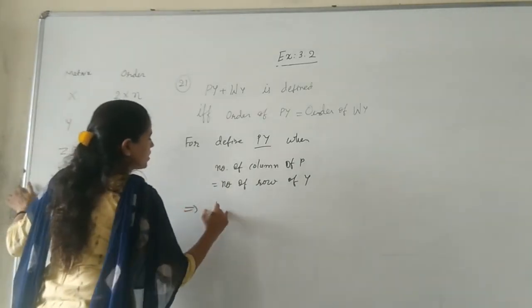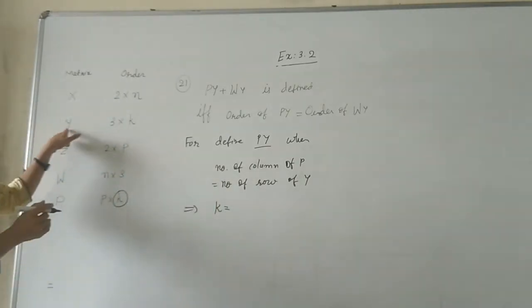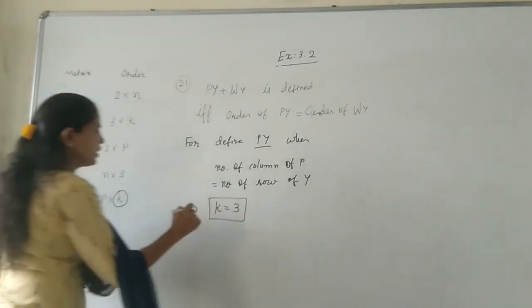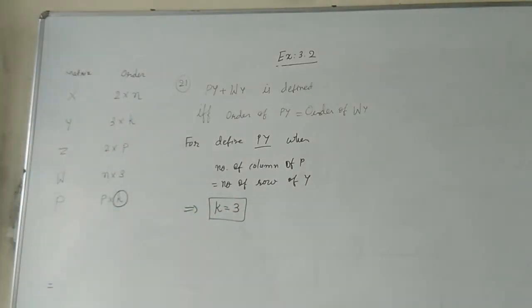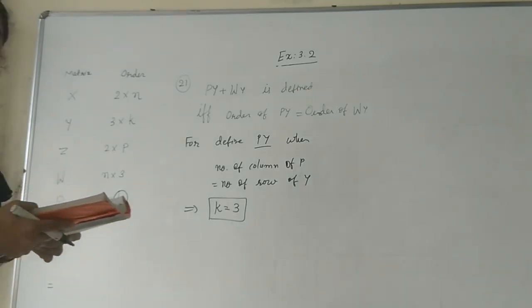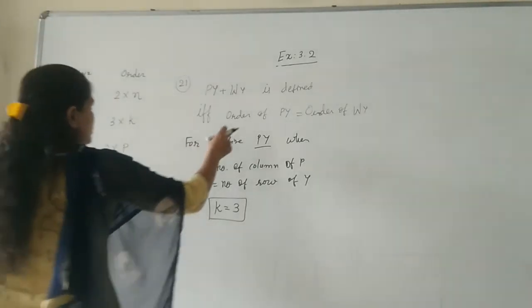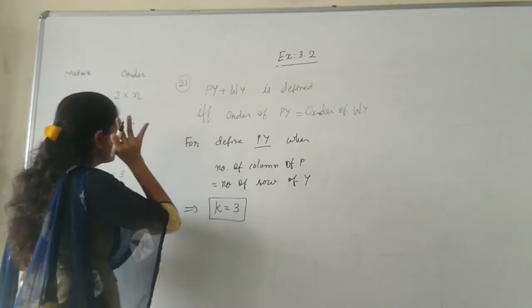So that gives us k is equal to the number of rows of Y, that is 3. So k is equal to 3. You can check the options, students, where k is equal to 3 is given. So your correct answer may be A and C. Now the second condition we also have to see, that is for defining WY.